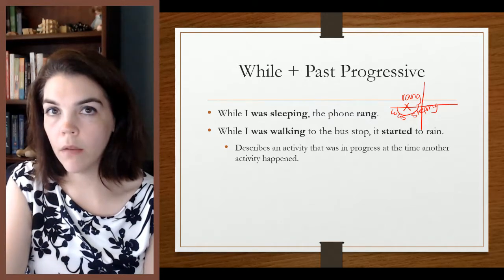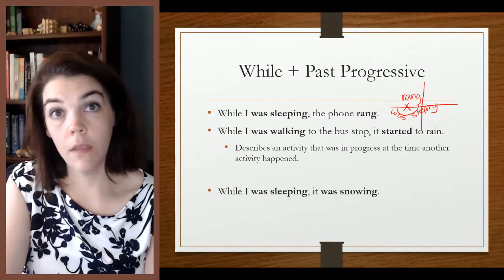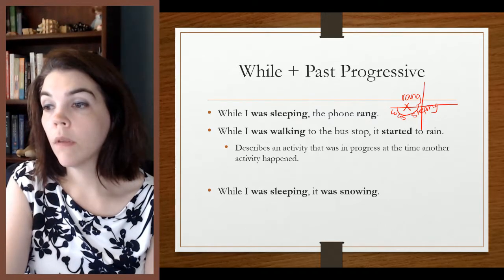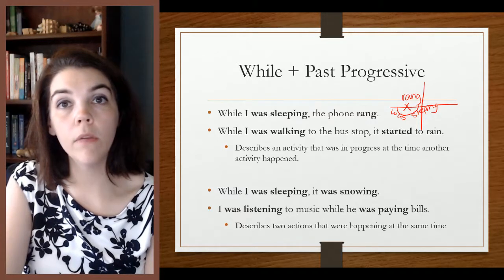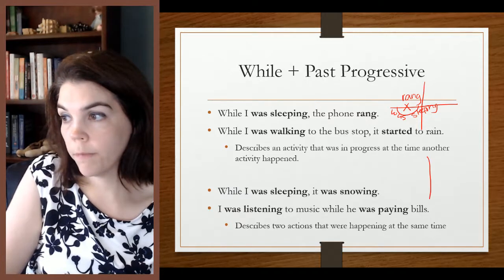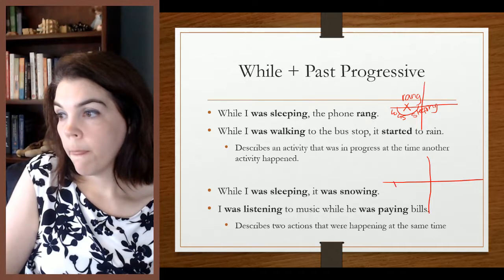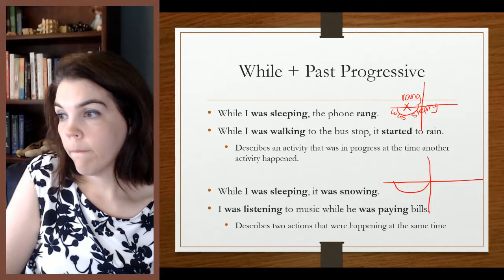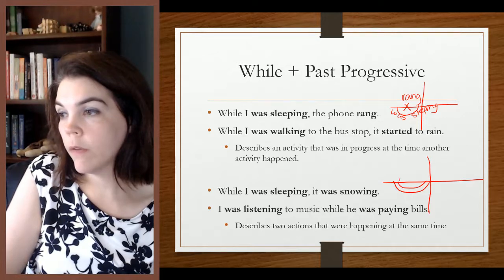But now look at these two sentences. While I was sleeping, it was snowing. I was listening to music while he was paying the bills. So if I were to draw these out, it would look like this. So maybe the first one is was sleeping.